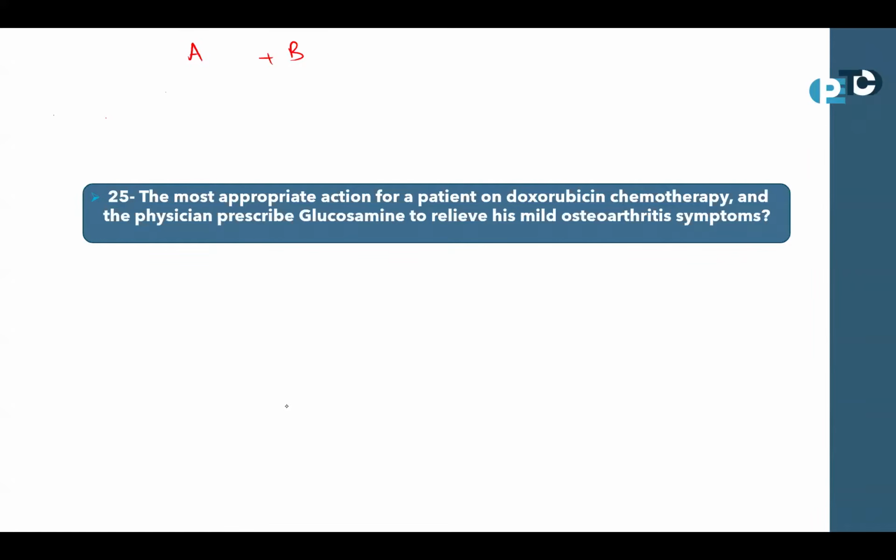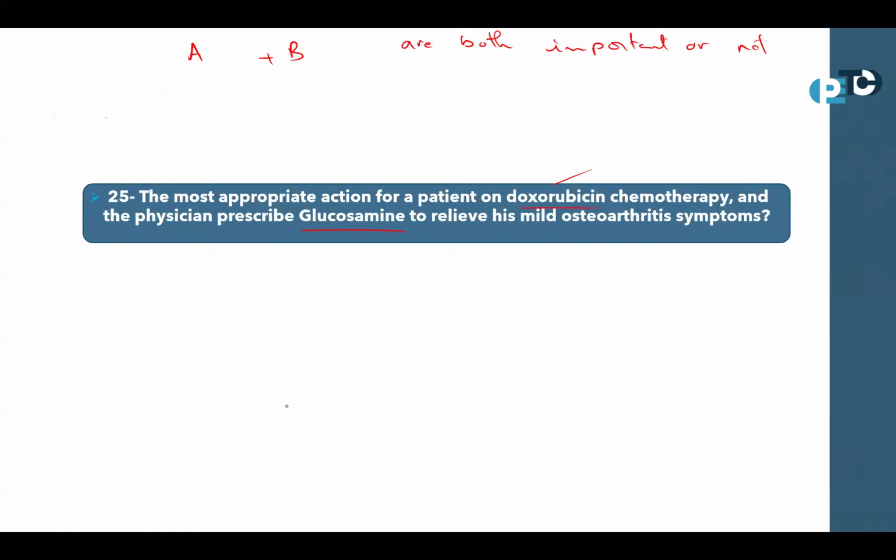How can you answer a question like this? Firstly, looking to both drugs. Are both important or not? Can we replace one of them with other drugs or not? In our case here, doxorubicin is an important one, while glucosamine is not the first line for osteoarthritis.